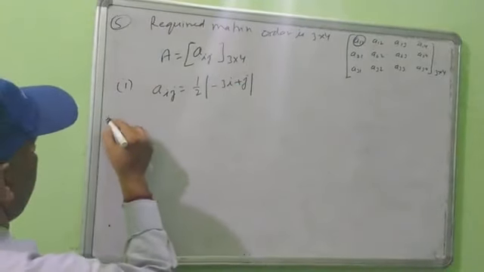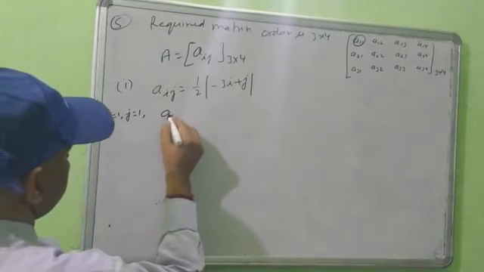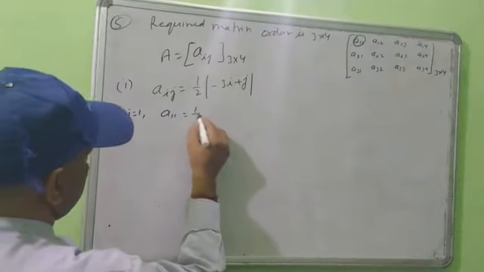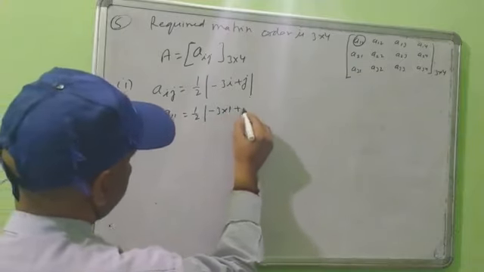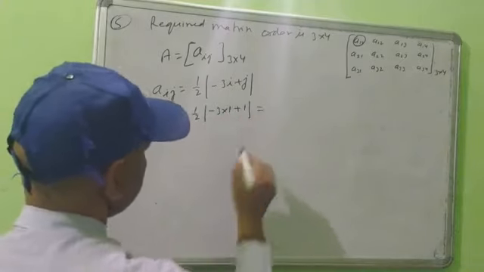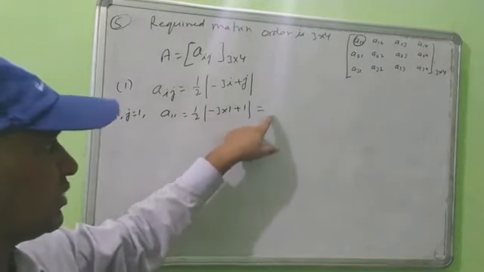Now i equal to 1 and j equal to 1, which represents a 1 1. So 1 upon 2, mod of minus 3 into 1 plus 1. What value do we get? You can calculate in the rough notebook, don't write it on your board.